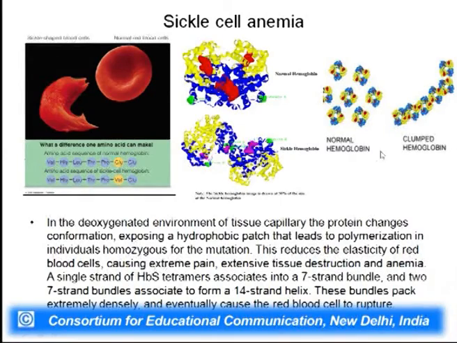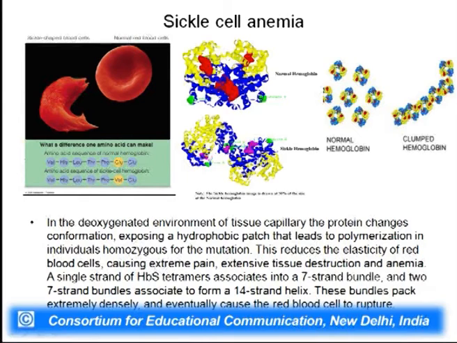A very simple example, which we have been learning since our childhood, is sickle cell anemia and how this also is related to protein misfolding. So, you have the sickle cell shape of RBCs and normal red blood cells compared here, and the difference is of just one amino acid, one glutamate changed to one valine, and this one point mutation is enough to change the structure of the hemoglobin.